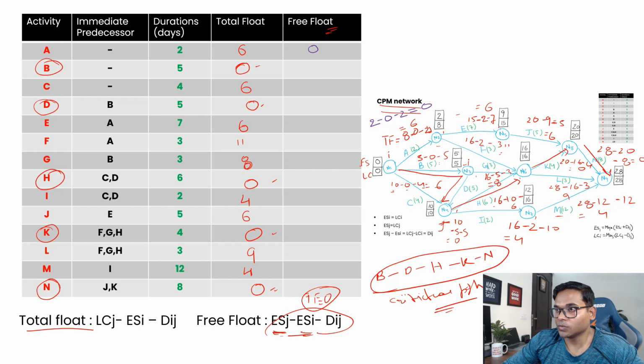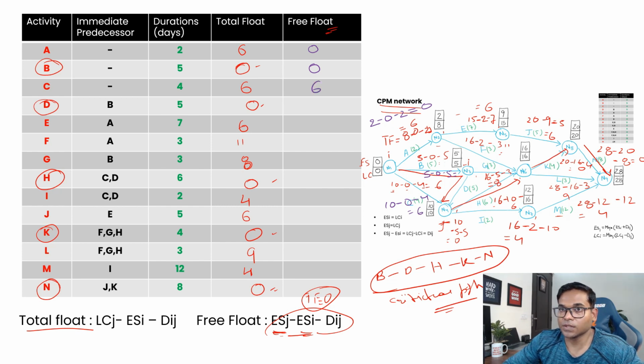Then let's go to activity B. Where is activity B? Activity B is here. And then again for this one, 5 minus 0 minus 5, that is equal to 0. Okay, then for C, early start is simple, 10 minus 0 minus 4, that is equal to 6.